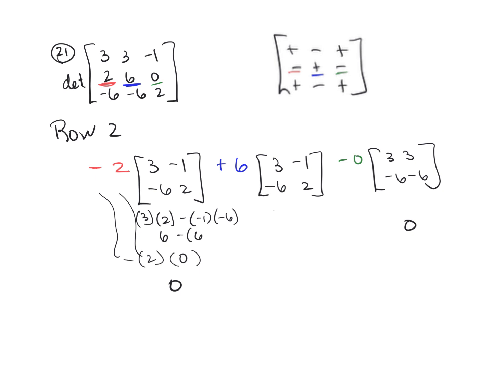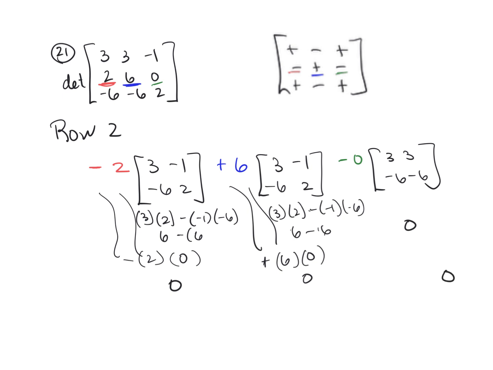And then here we'll have 3 times 2, the same thing, minus negative 1 times negative 6. So 6 minus 6, another 0. Hopefully you can add all these numbers together. I have faith that you can, to get 0. So now, when we add all these wonderful things together, do you want to guess what we get? Oh, 0. Look at you. So smart.